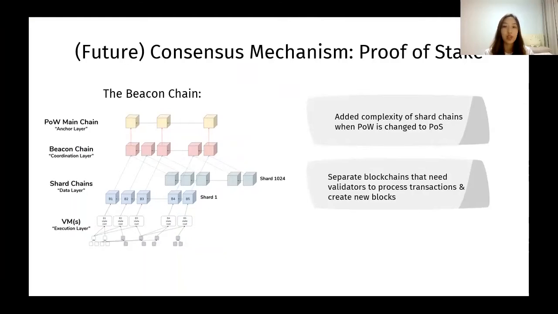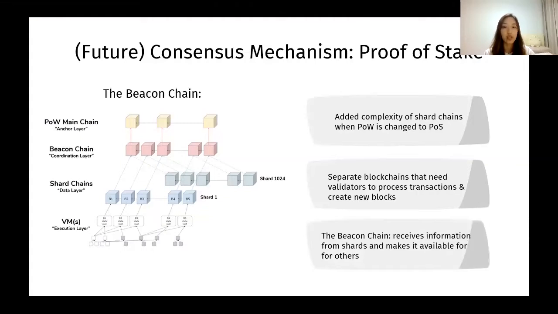As a result, extra coordination is necessary and will be done by the beacon chain. The beacon chain receives state information from shards and makes it available for other shards, allowing the network to stay in sync. The beacon chain will also manage the validators from registering their stake deposits to issuing their rewards and penalties. I'll be expanding on what sharding is.